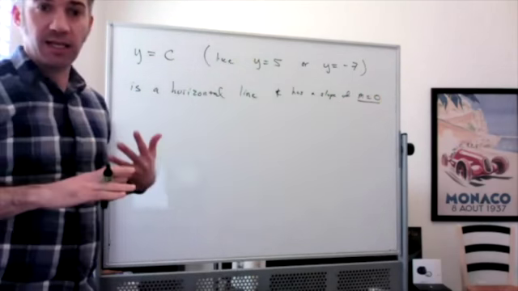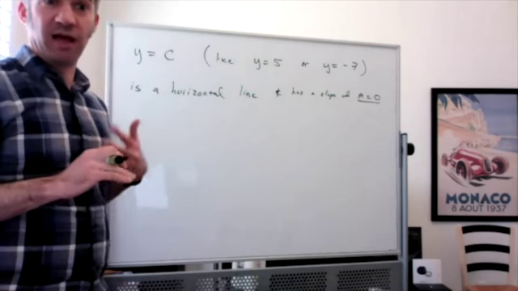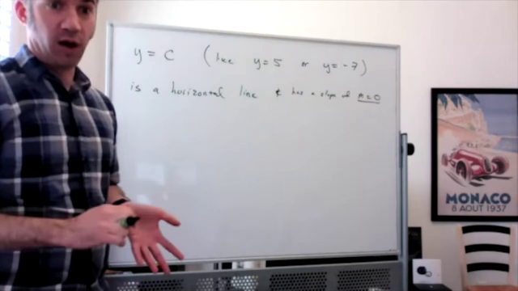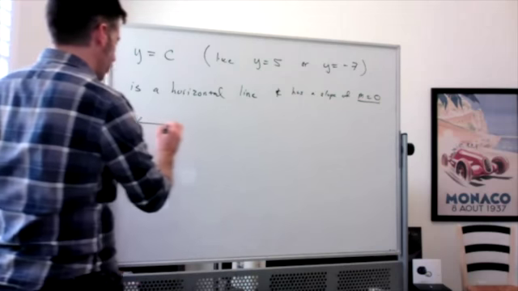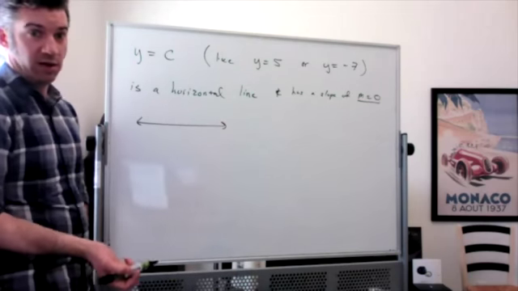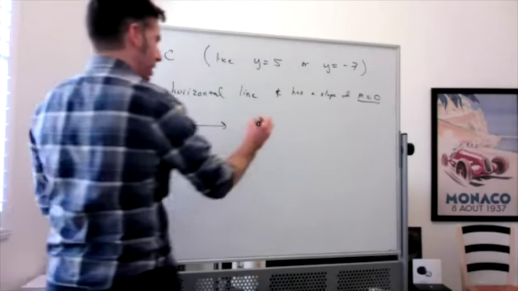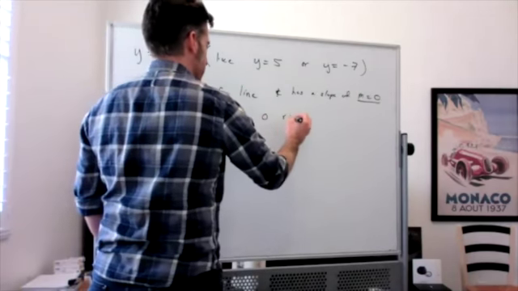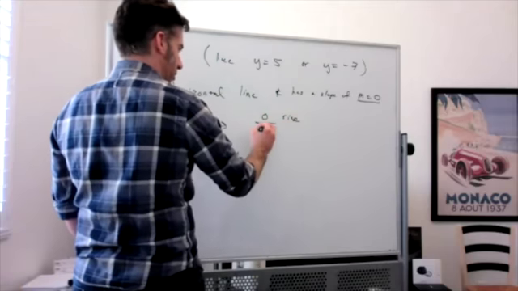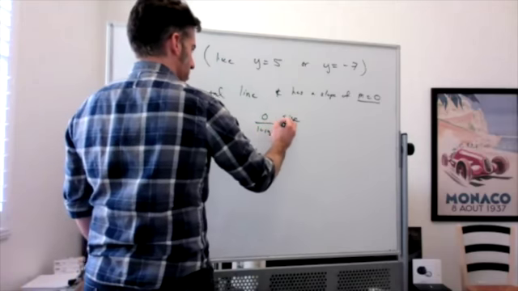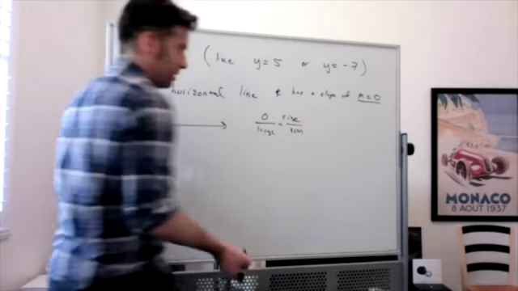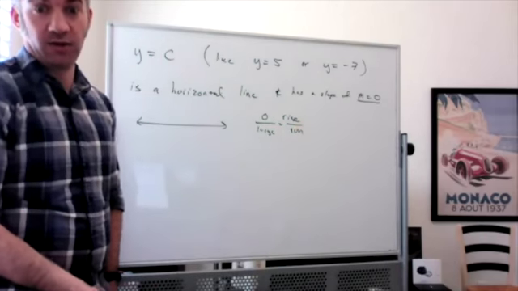It makes sense if you think about the slope of a line being the rise divided by the run. If you have a purely horizontal line, there is 0 rise. It doesn't get higher or lower. So you have a 0 rise over a very large run, and 0 divided by any non-zero number is just 0.